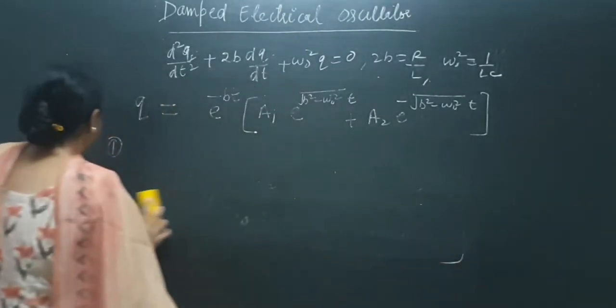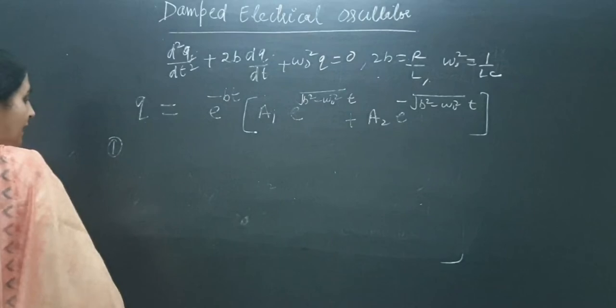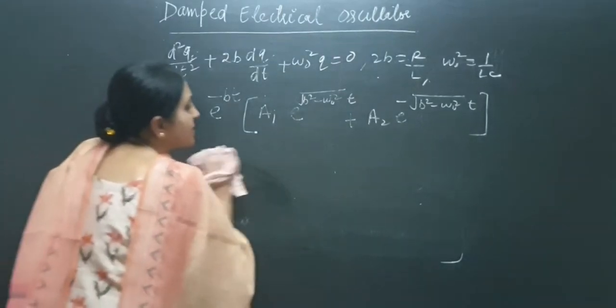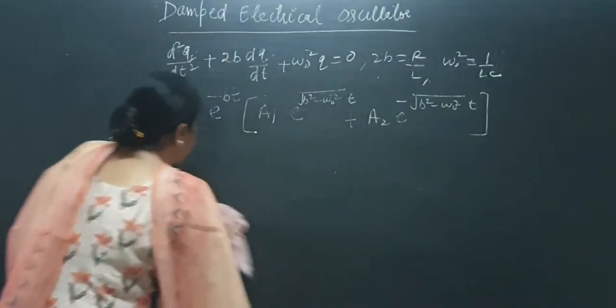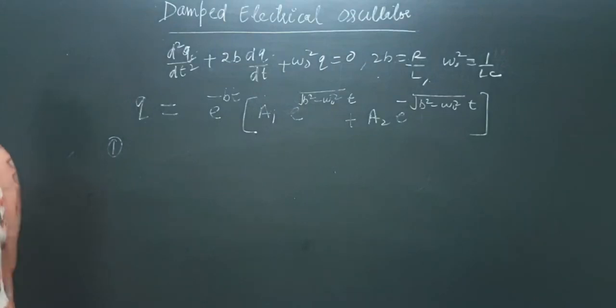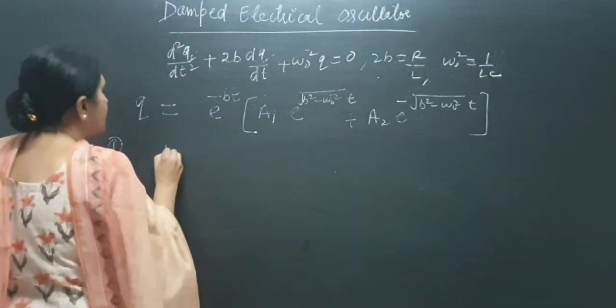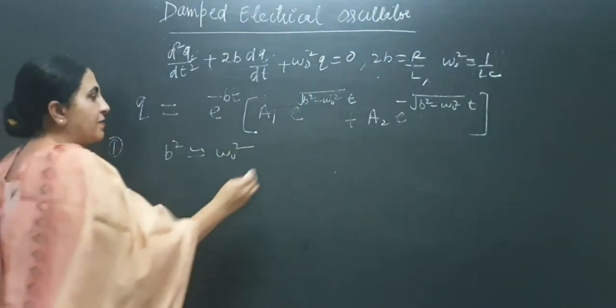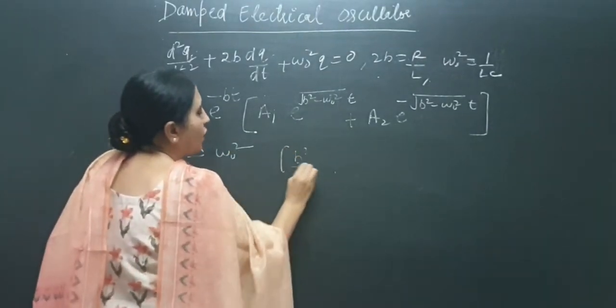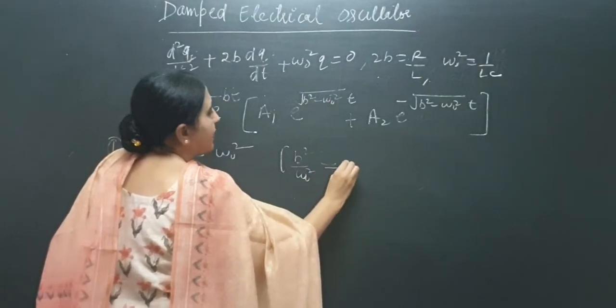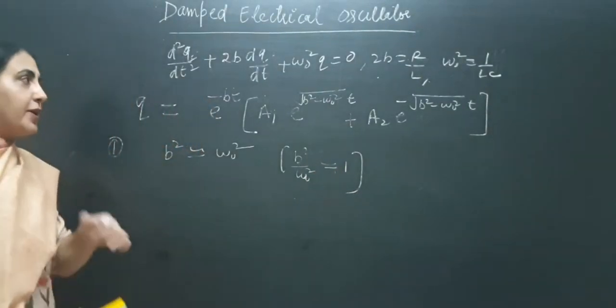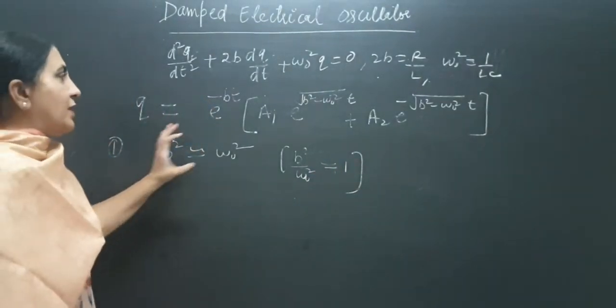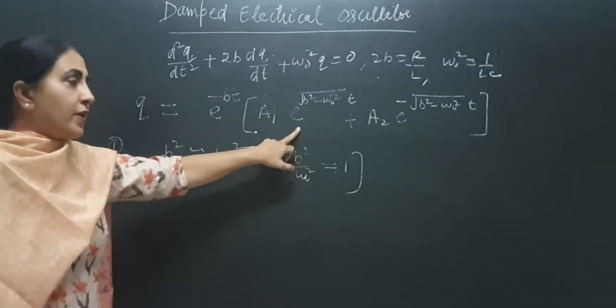In the case of critical damping, the damping factor is equal to 1. If the damping factor is equal to 1, then what does it mean? That b square is approximately equal to omega naught square, or damping factor, that is b square over omega naught square, is approximately equal to 1. When you put these values in this equation, what do you get?